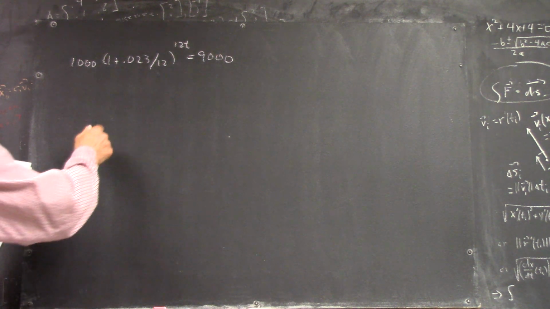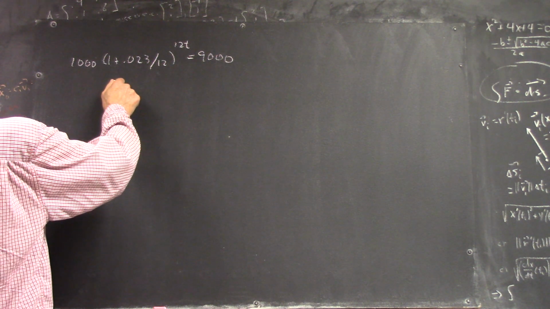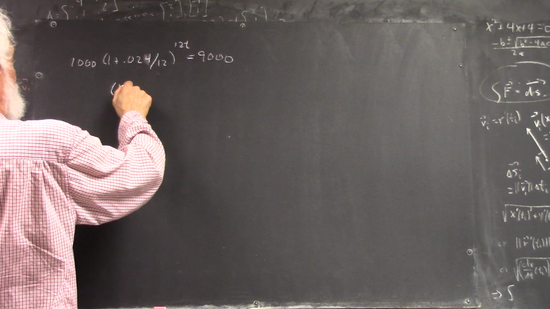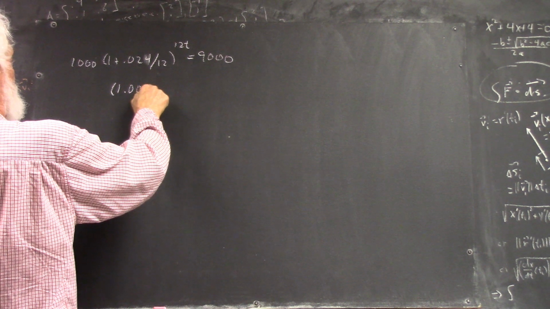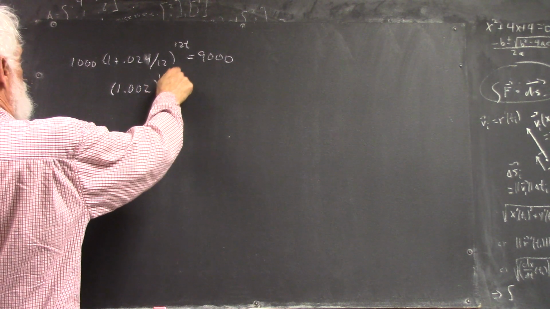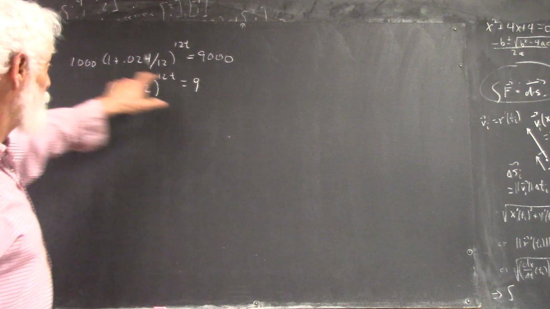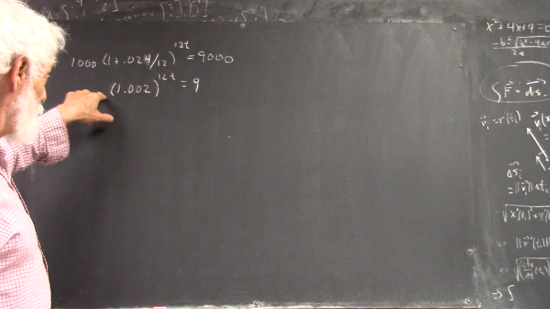Well, I divide both sides by 1,000. Make that 0.024. Clear what I did? At least how I got the 9 and didn't have anything over here.